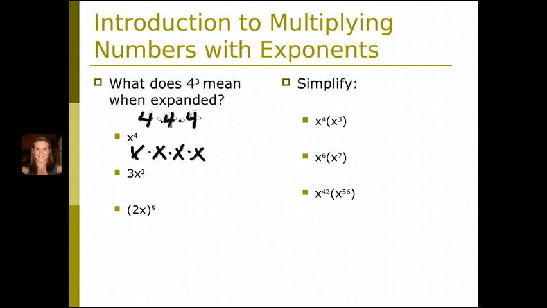So this, when we expand it, is 3 times x times x. Again, only the base of x has the power of 2 on it, so that's the only thing that gets expanded there. Now, this next example is actually 2x inside of parentheses all to the 5th power. This does mean that 2 and x are going to multiply itself 5 times.